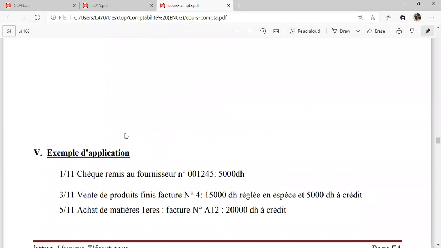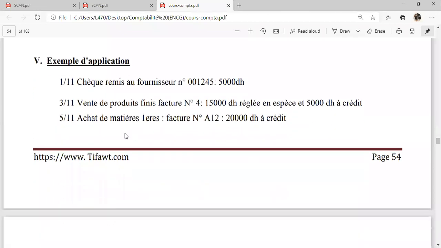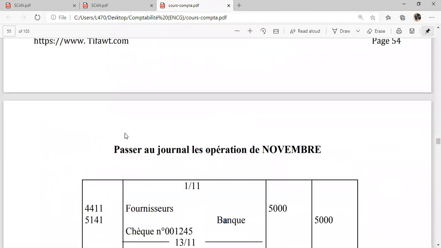So we are losing money in the form of what? A check, which is bank. So the transaction is going to be recorded as follows. We have fournisseur on the debit side because the provider is the one getting the money, and we have bank on our credit. So fournisseur is placed closer to the column of the comptes because it's debited.